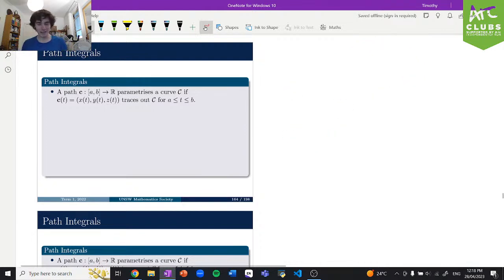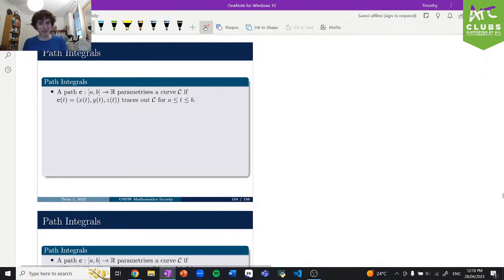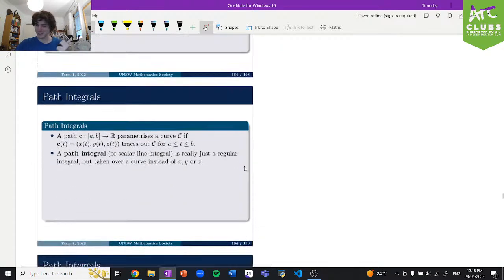Now, almost all of the questions you're ever going to encounter in this course are either going to have paths which are just a straight line or paths which are just a circle, because they are really easy to describe, and it's more valuable that you spend your time doing fancy vector calculus stuff than figuring out how to parametrize this particular line. You don't have to stress too much over how to parametrize a line.